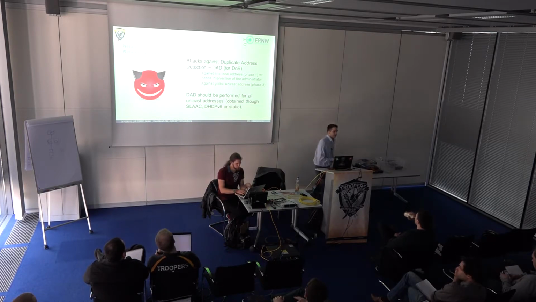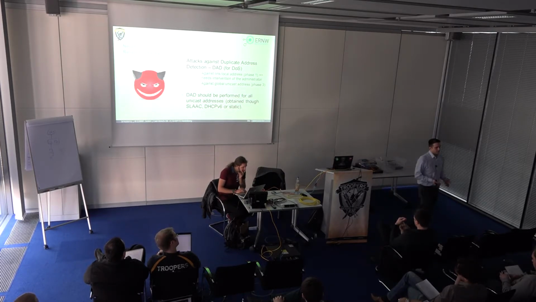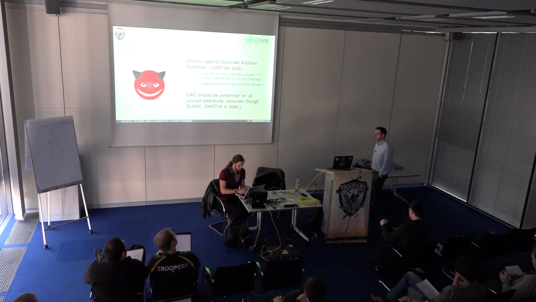But when you configure it statically and you have an IP conflict, then you have to reconfigure it manually, of course, because there's no automatic measure in any case which would generate a new one.